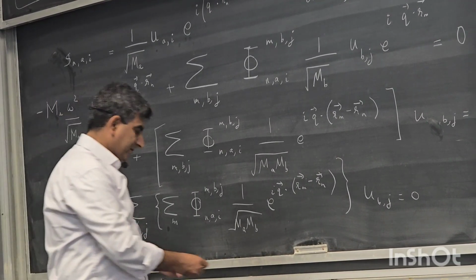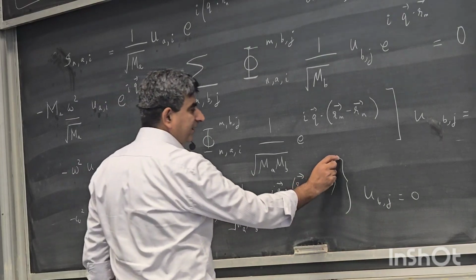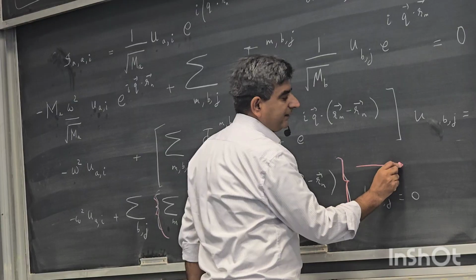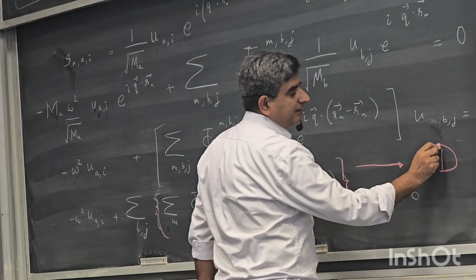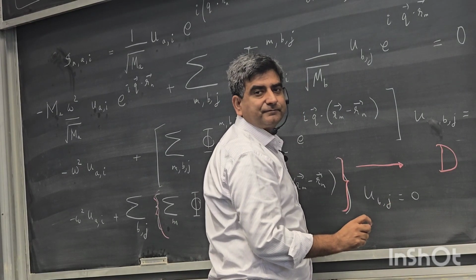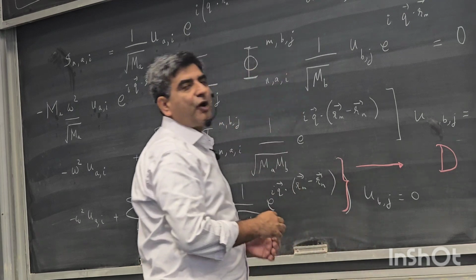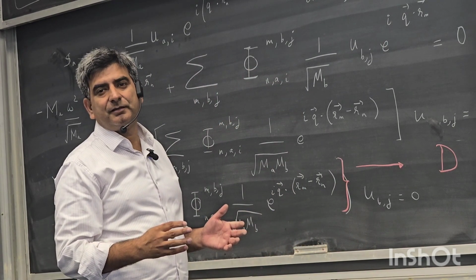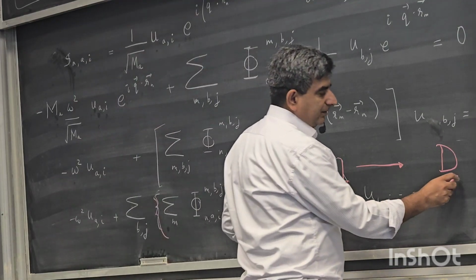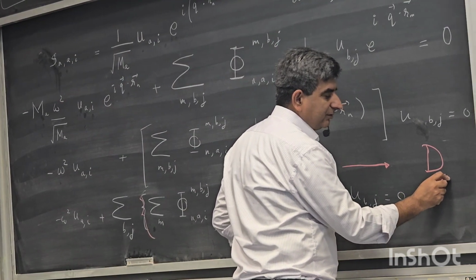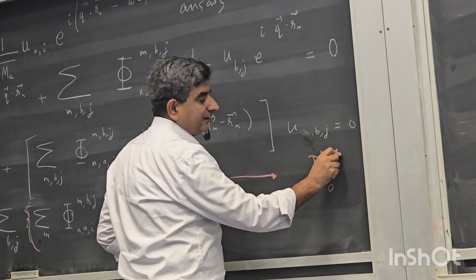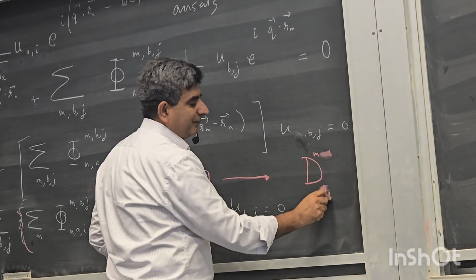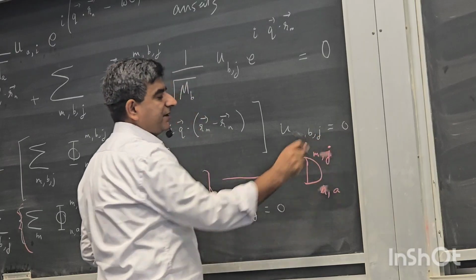Okay, so this term itself, which I've written in these braces, is denoted by D. Okay, and it only depends upon how far apart are N and M. Okay, so I can write 0 M minus N, or I could write N here and M here, so NA and MJ.